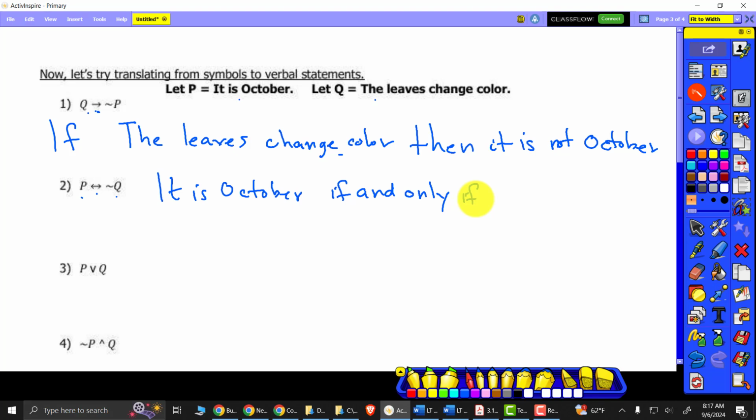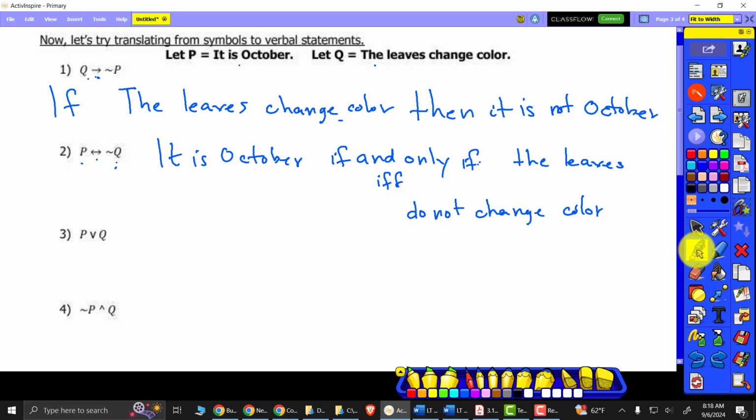Okay, sometimes we use this one, IFF, to represent if and only if. Not Q. So how do we write that one? Not Q. This is your Q, and I have to negate this one. If and only if the leaves do not change color. Okay, number 3.